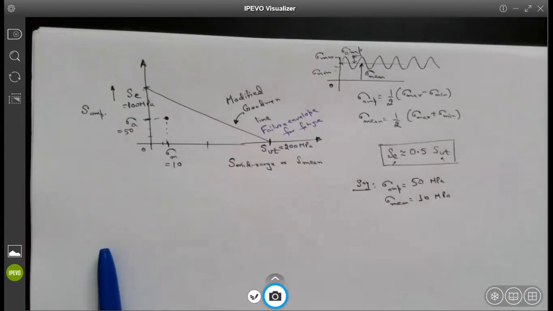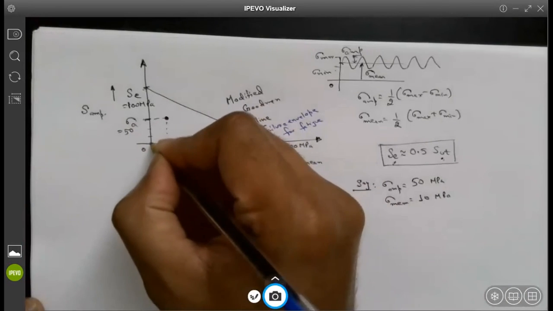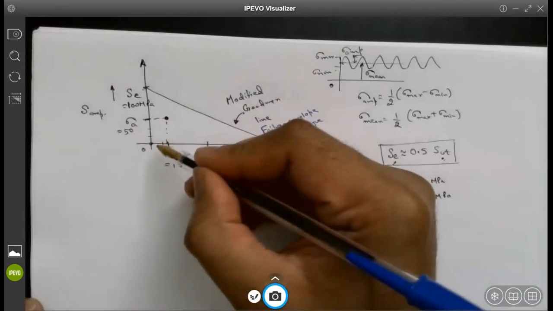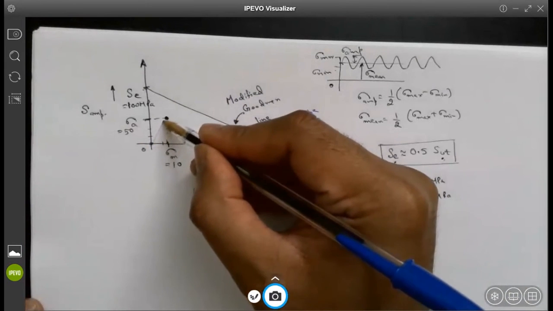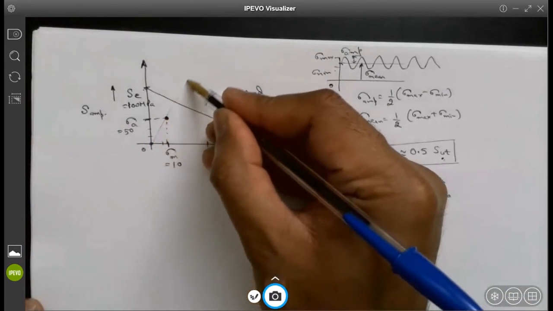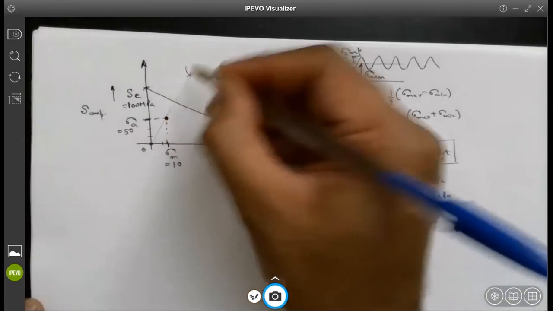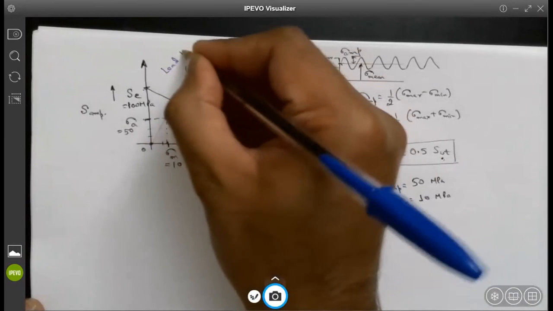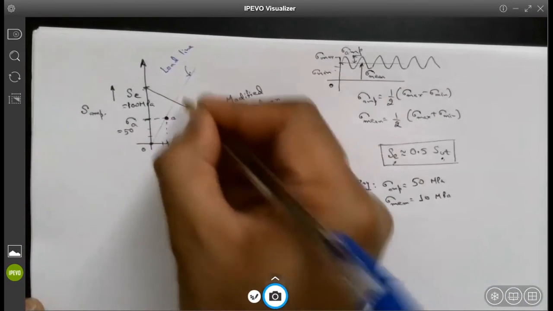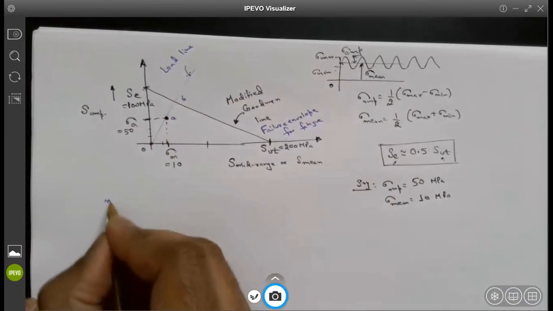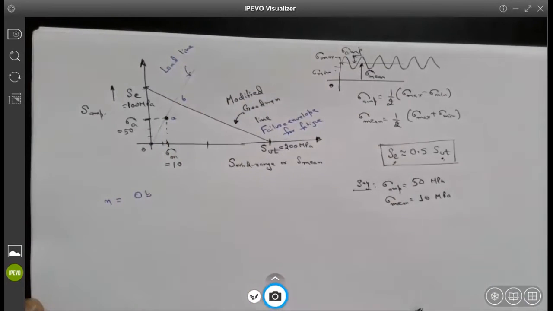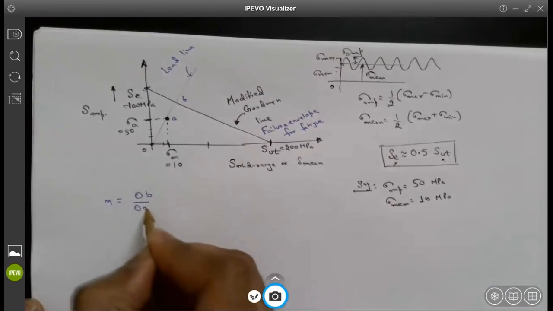Now to calculate the factor of safety, you join a line connecting the origin to this point, the loading scenario, and extend this. This is your load line. The factor of safety is OB divided by OA.